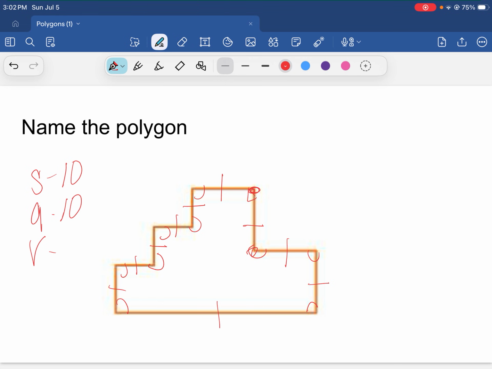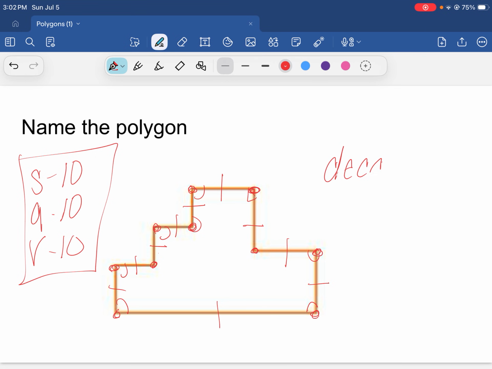And 10 vertices. Because this shape has 10 sides, 10 angles, and 10 vertices, we call it a decagon.